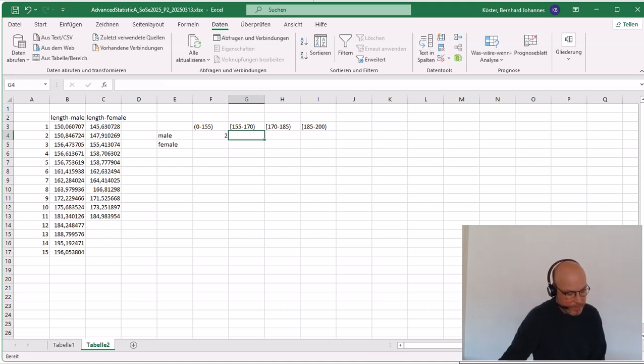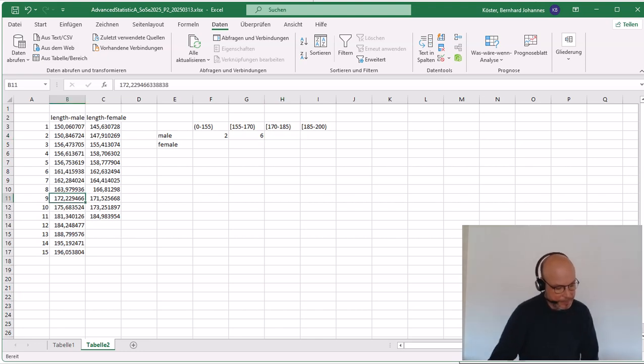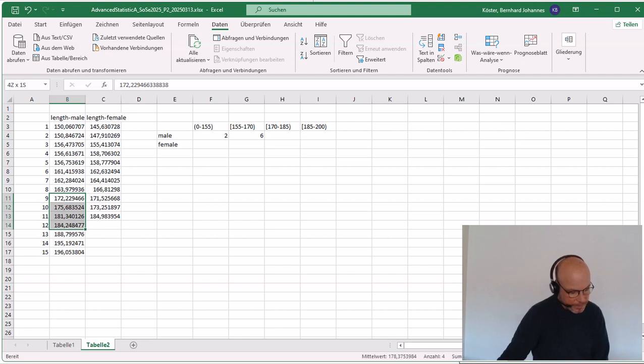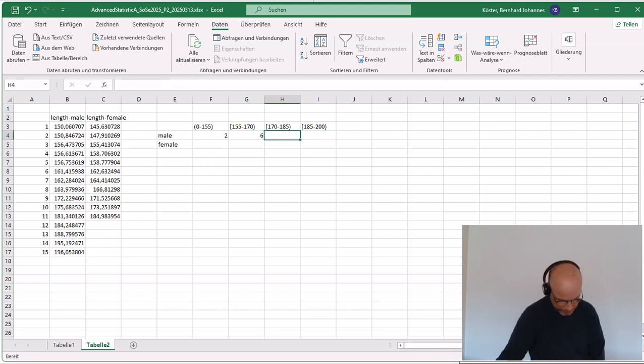Between 155 and 170, this is 1, 2, 3, 4, 5, 6. 170 until 185, this is 4.